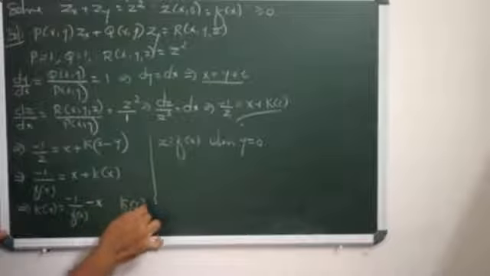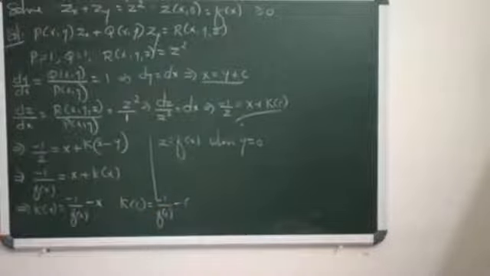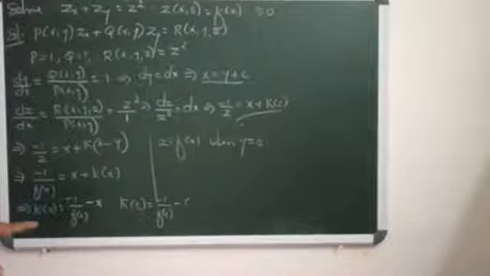So what is k(c)? k(c) = -1/f(c) - c, which equals -(1 + c f(c))/f(c).